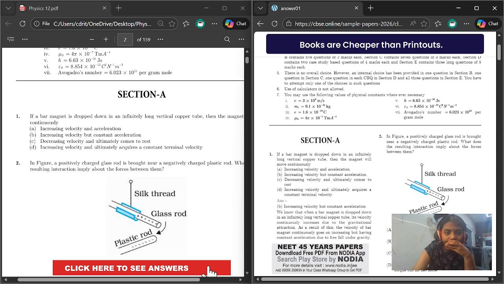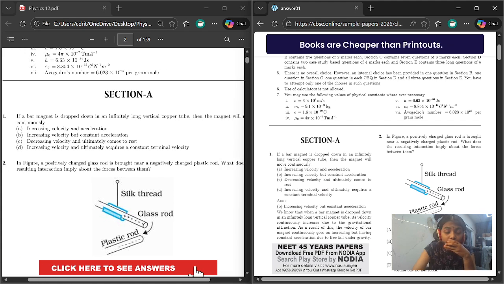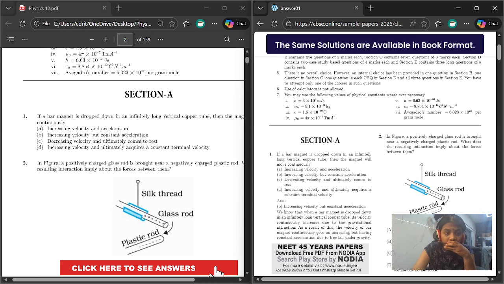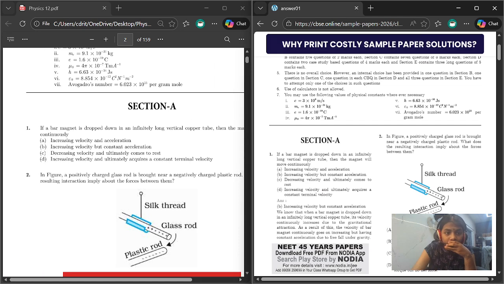Okay, let's start. Section A, first question. If a bar magnet is dropped down an infinitely long vertical copper tube, then the magnet will move continuously. So we have to give the answer: increasing velocity and decreasing.